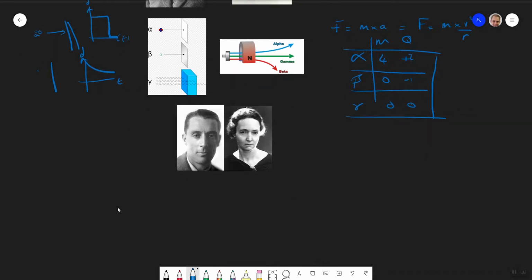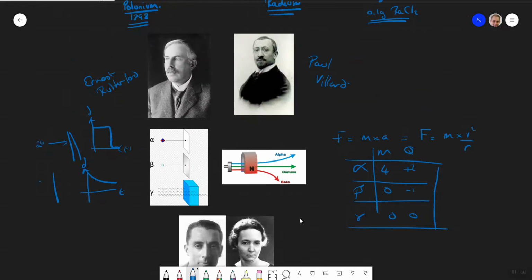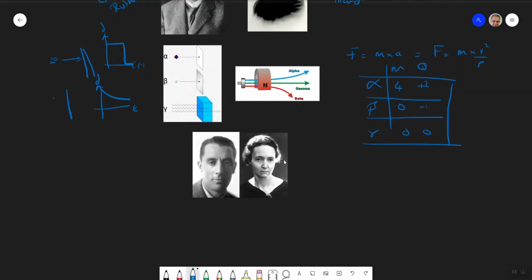Because the last person I want to talk about, and I want to finish with this, is Marie Curie's daughter, Irene. It's Irene Joliot-Curie. That's her husband, who was also awarded the Nobel Prize in Chemistry in 1935, a year after Marie Curie had died, because they were the people in the 1930s who identified that there was another type of beta.